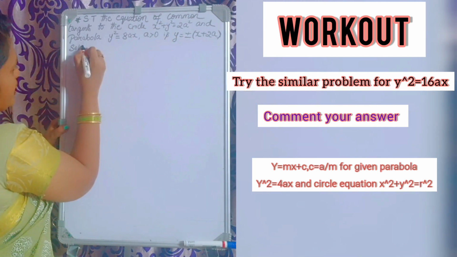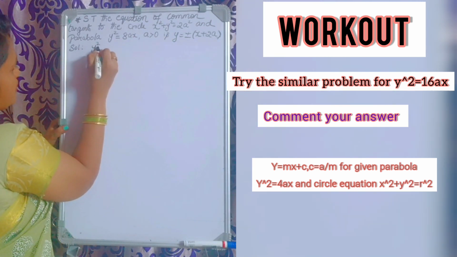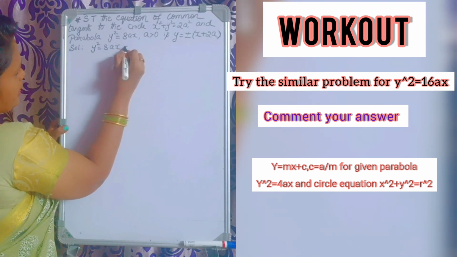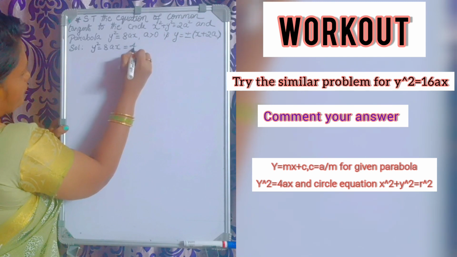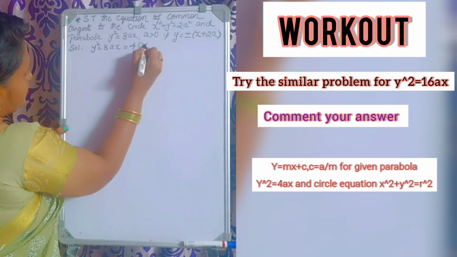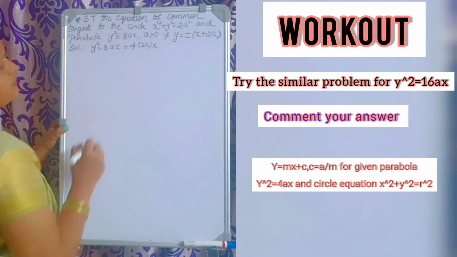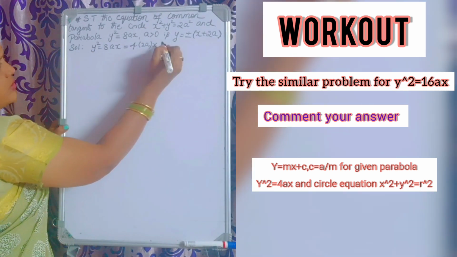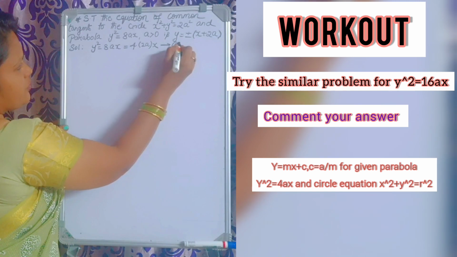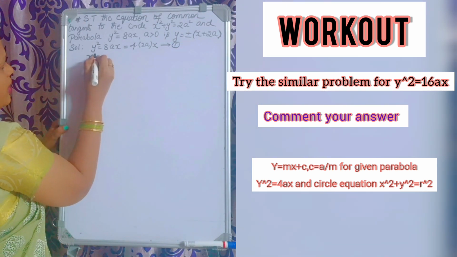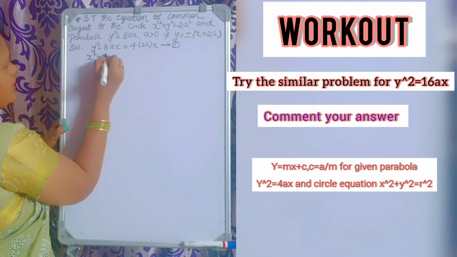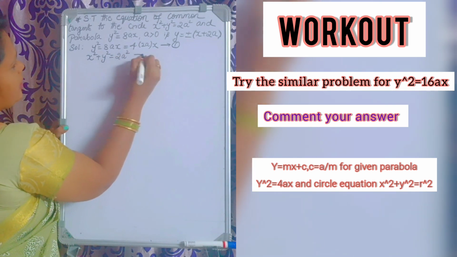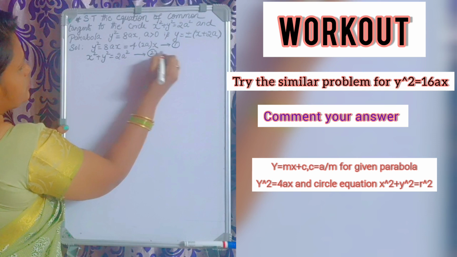First you write y square is equal to 8ax, which I can write in standard form as 4 into 2a into x. Right? This is the same as this. So I will call this equation 1. And x square plus y square is equal to 2a square, I call this equation 2.